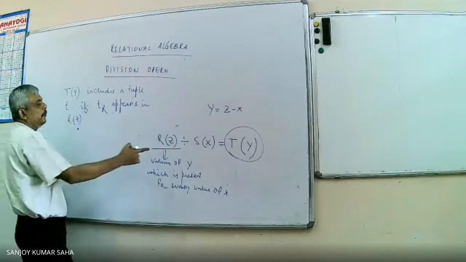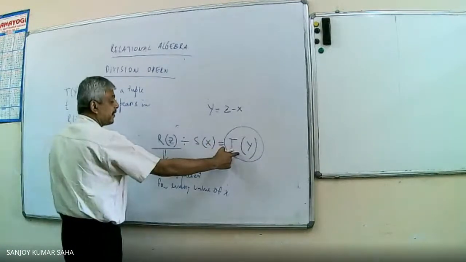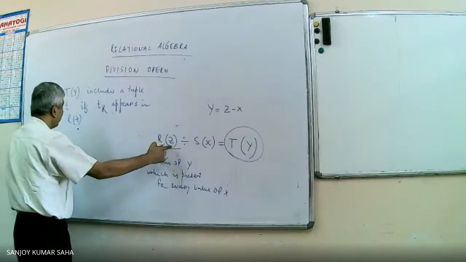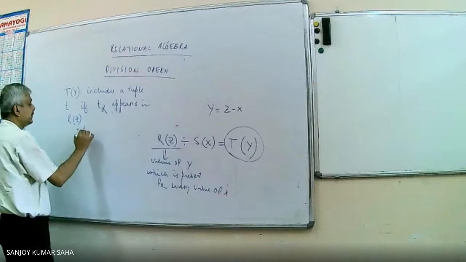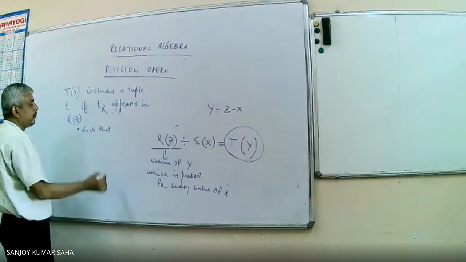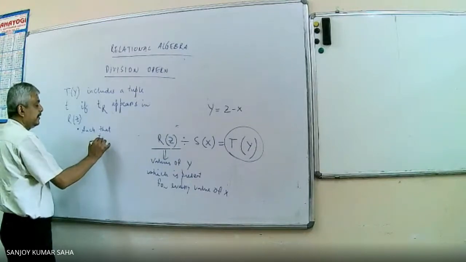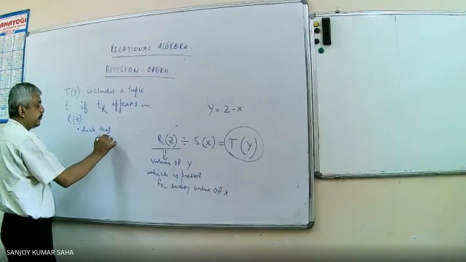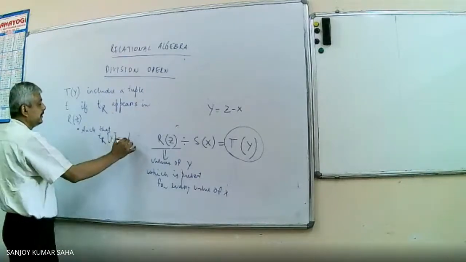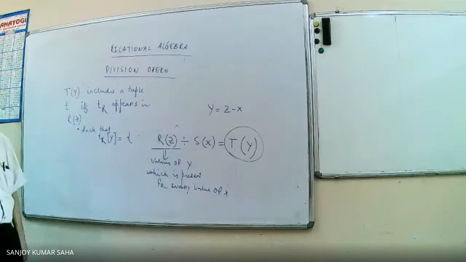That is, for every tuple T here, if tr appears in this relation such that tr[Y] equals T. That is the first one.